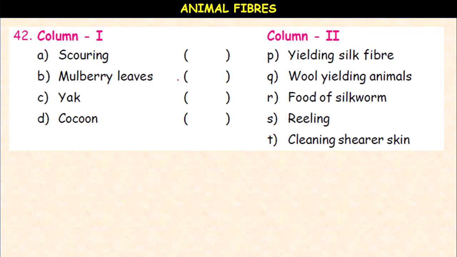Mulberry leaves are the food of silkworm. Yak is a wool yielding animal. Cocoon is the stage of yielding silk fiber.